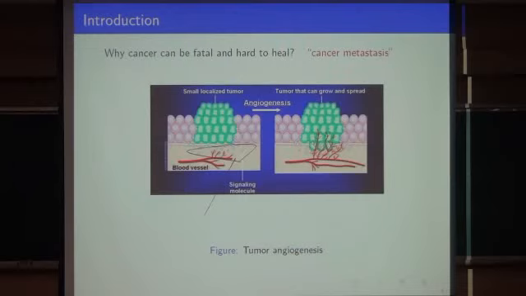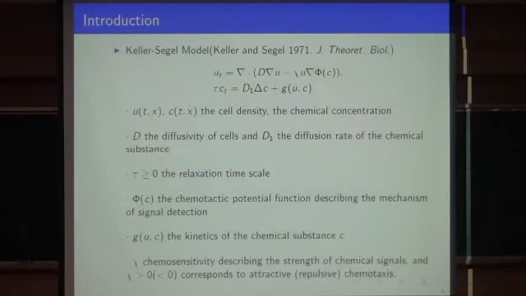Once the cancer cell gets into your blood system, it is very hard to get rid of. This is a typical chemotaxis phenomenon. Once you have a cancer cell, their nutrition and attraction to each other make the cancer cell grow in the body. That's the mechanism.